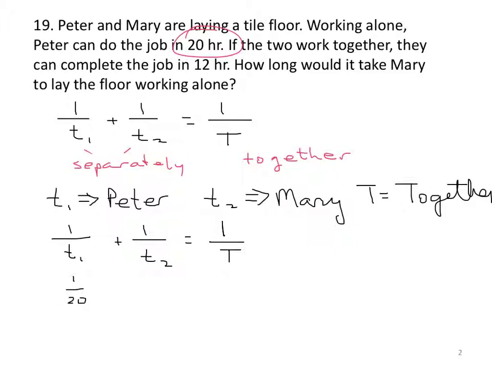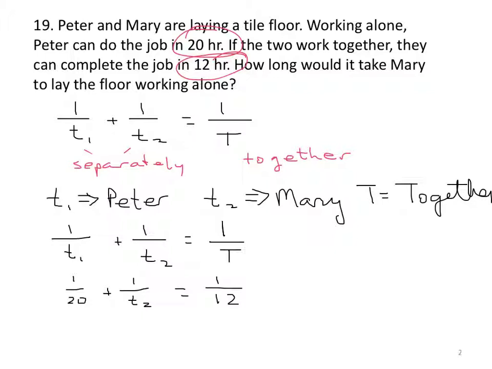T2 is Mary's time, and we don't know what Mary's time is, so we're going to leave it as T2. That's what we don't know, and that's what we need to find. And then if they were working together, the problem says they could do it in 12 hours, so we're going to put 12 for capital T.